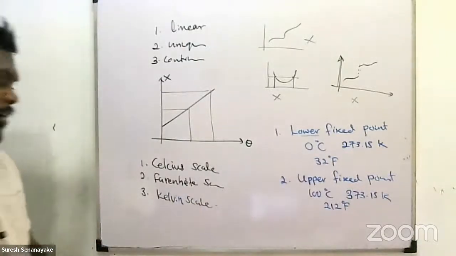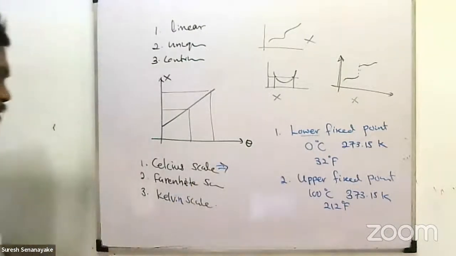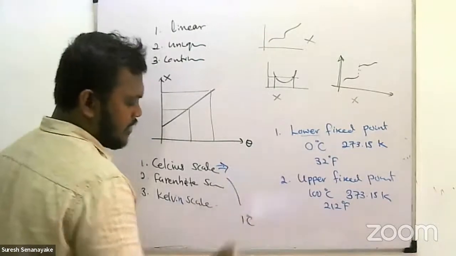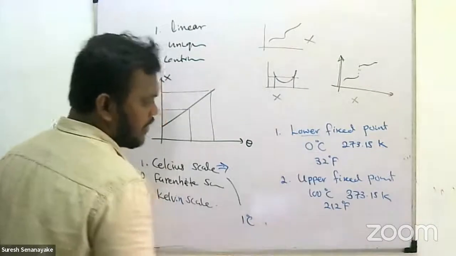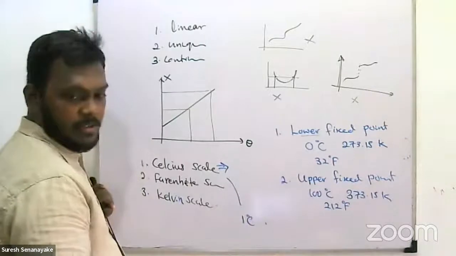Right? How is the Celsius scale defined? 1 Celsius is 1/100th of the difference between the upper fixed point and the lower fixed point.